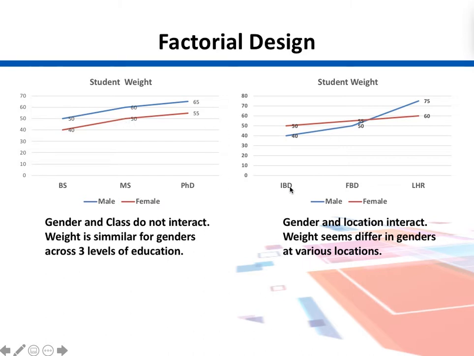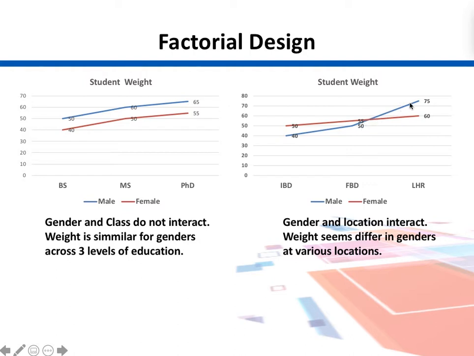We plot another variable rather than the level of education. Now we consider their place of origin, or their locations. So we take three locations: Islamabad, Faisalabad, and Lahore, and we plot the same thing. And here we see, interestingly, that the female weight was higher compared to the male weights until the male weight starts increasing in the second level, but still slightly less than the females.